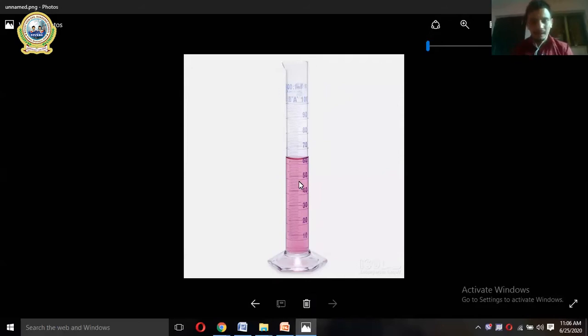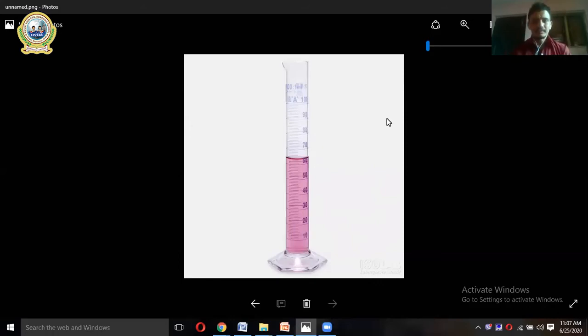Right now, in this case, the volume of liquid is, let's say, 65 ml. By finding the level of liquid, in this case, let's say it is 63, then the level of liquid is 63, hence the volume of this liquid is 63 ml.